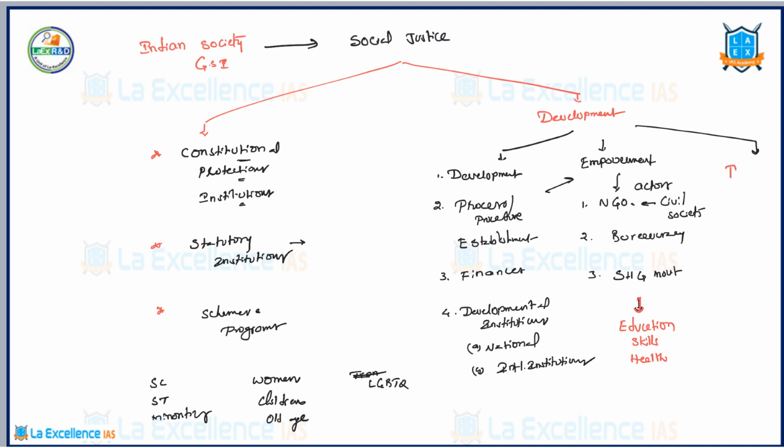Another issue, development is moving away from poverty, moving away from hunger. So that's why we study poverty and hunger. I'm writing this in red because these all have connections to GS paper 1, paper 2, paper 3, and paper 4. So issues related to poverty and hunger and education, skill, and health, all these are related to the aspects of development. This is what social justice is.